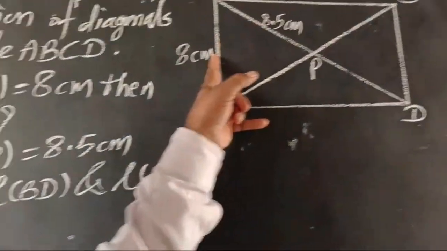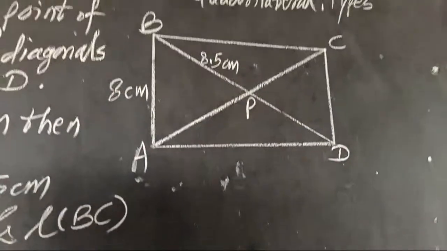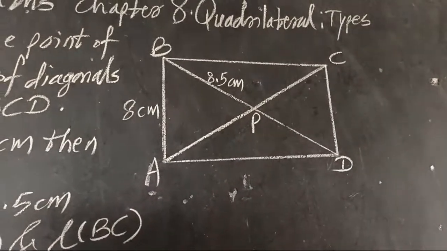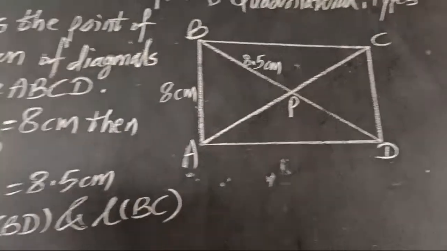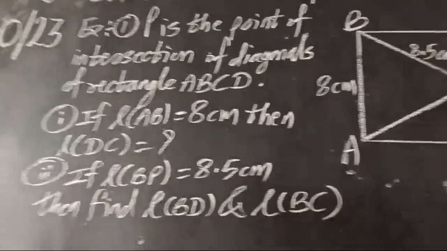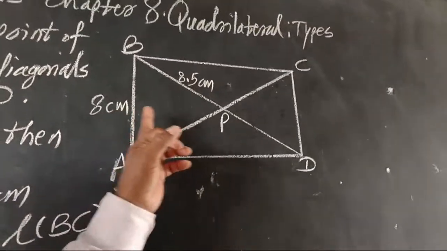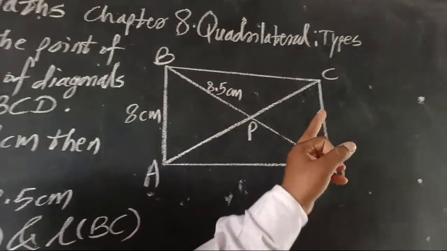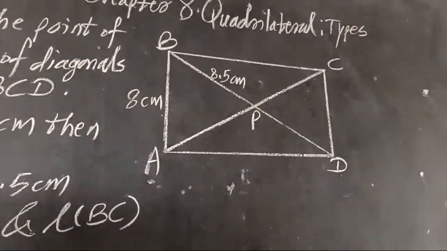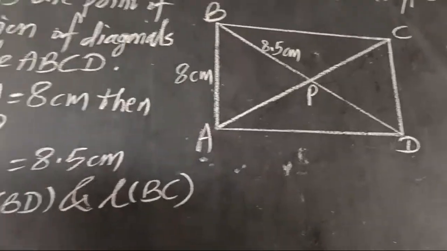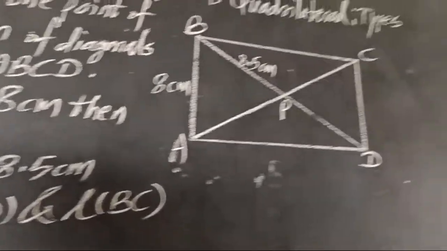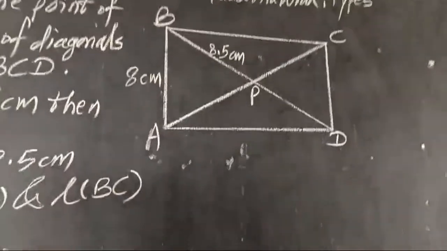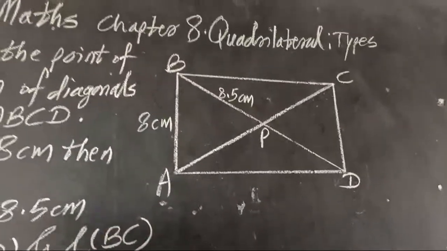These sides are which type of sides? Yes, these are opposite sides. And what is the conclusion for opposite sides? Good.